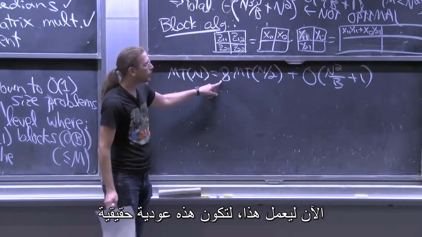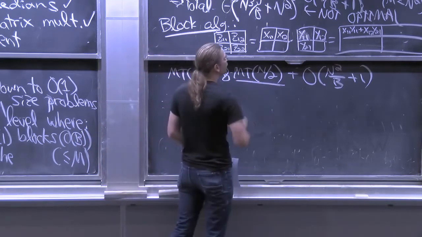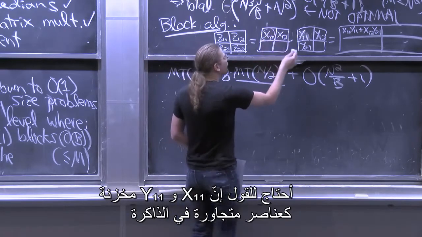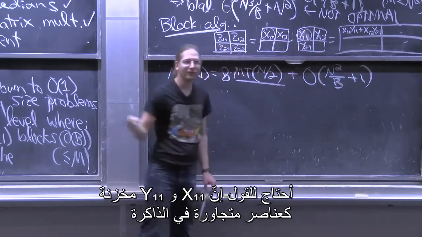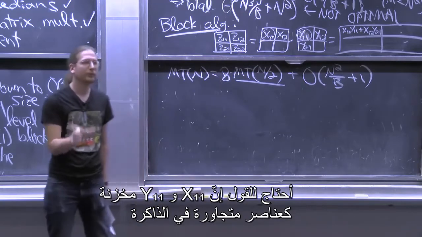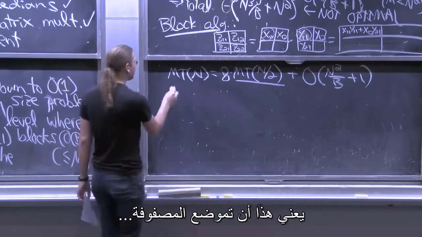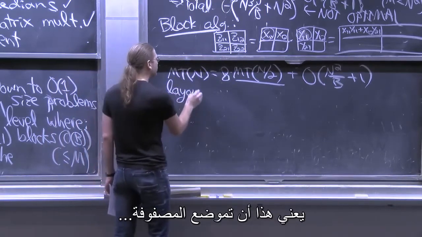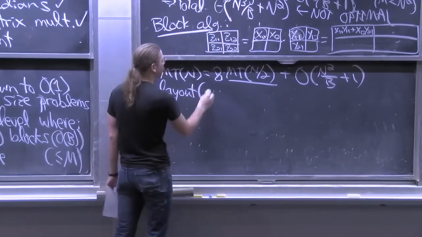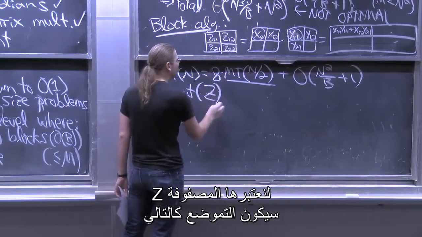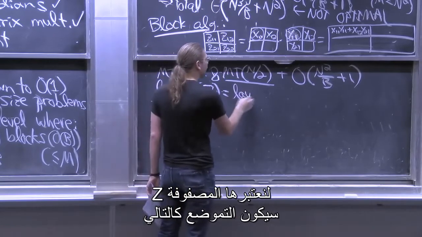Now, for this to be a true recursion, I need that, say, X11 and Y11 are stored as contiguous things in memory. So this means that the layout of a matrix, let's consider the matrix Z, is going to be like the following.